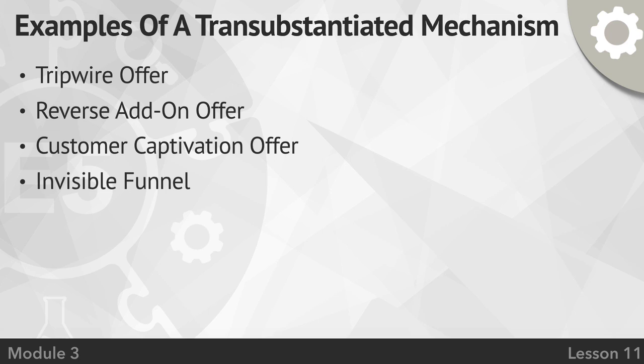Now, the invisible funnel was based on the idea of a soft offer, something that I explained to you in the lesson on engineering a superior and irresistible offer. He created a kind of a process that was built on the back of a soft offer, and then he named the process, and he gave the process a proprietary name called the invisible funnel. Transubstantiated the ordinary into the extraordinary.